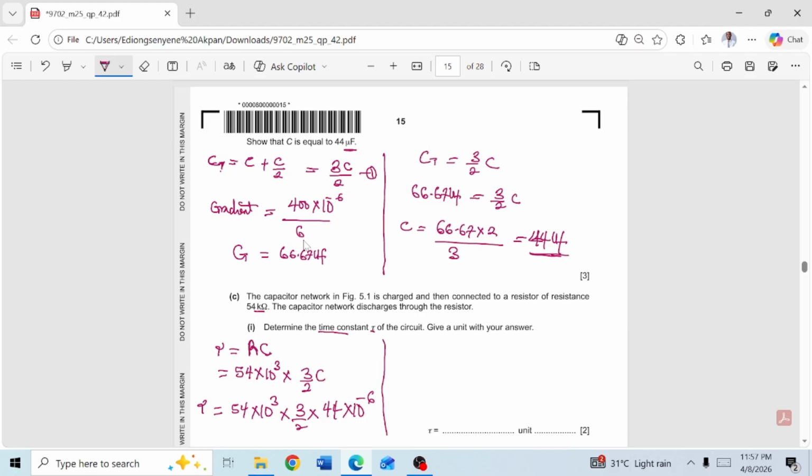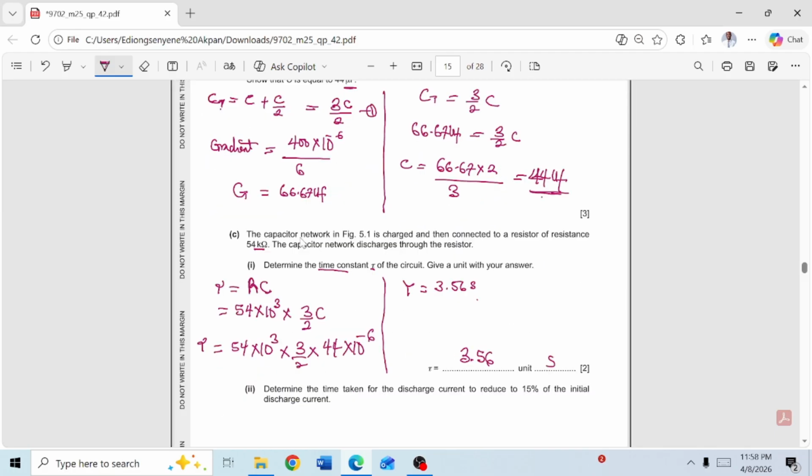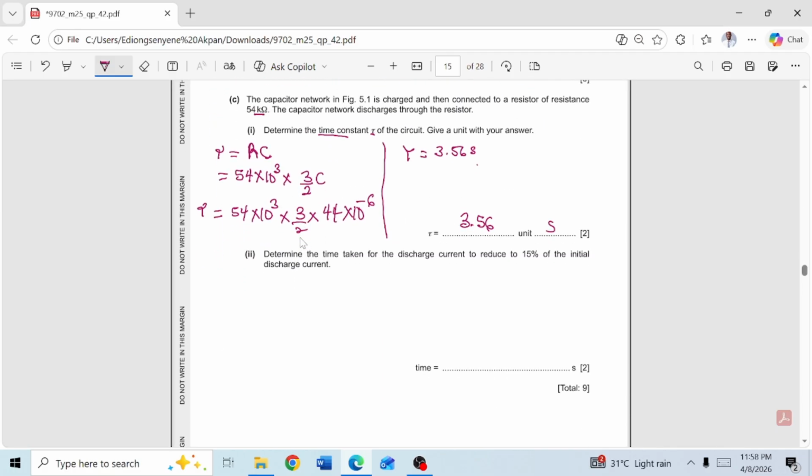You notice that I changed kilo ohm to ohm. I changed microfarad to farad. You must change it. If you don't change it, it will be marked against you. Our time constant will now give us 3.56 seconds.